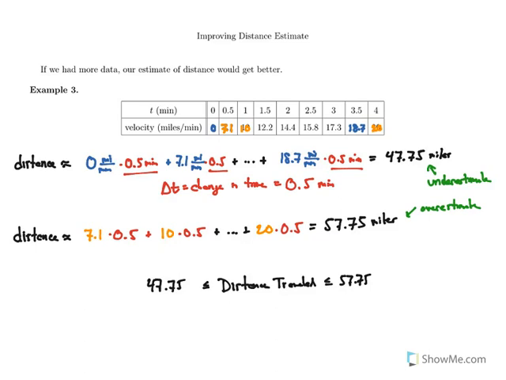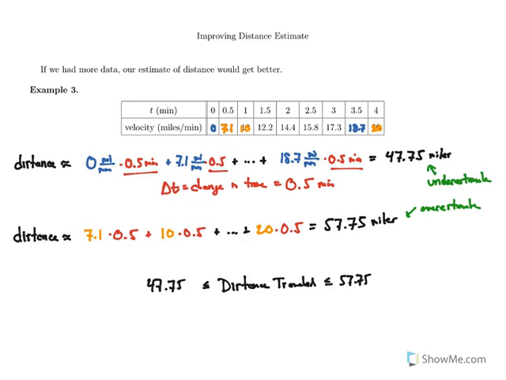So what's the actual value? Maybe it's exactly halfway in between, but we don't actually know. It's hard to say for sure. But we have now taken our interval, which went from about 41 to 61, and brought it in, making it more and more accurate. And with more data, we'll continue to do that.